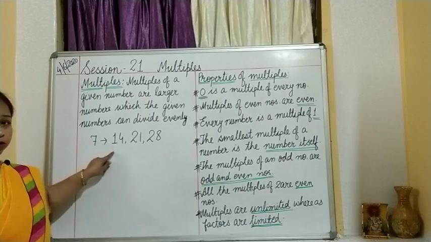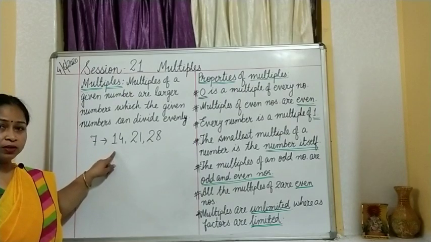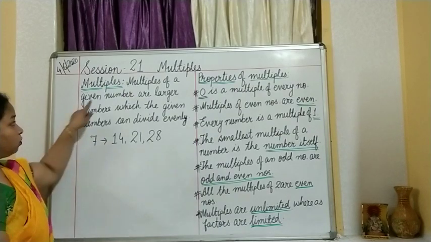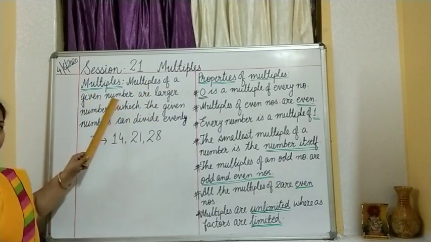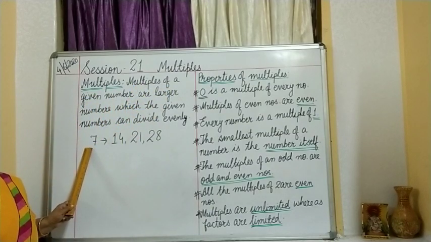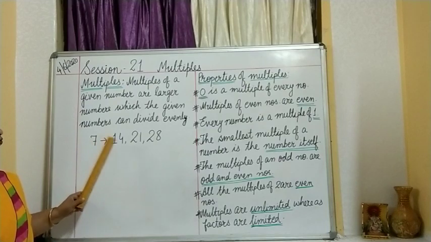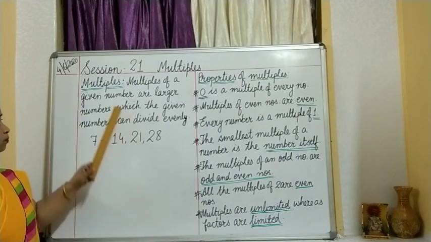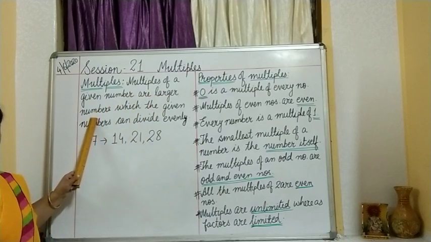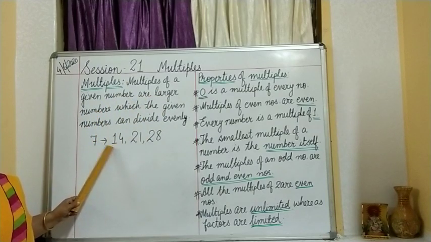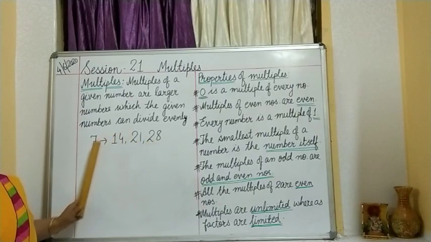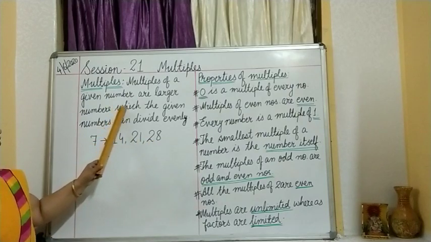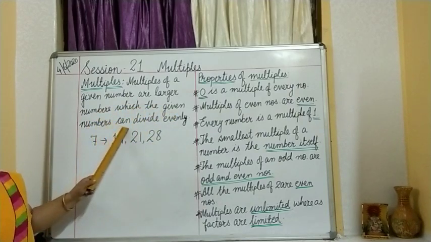Now tell me, is 14 divisible by 7? Of course. So here it says multiples of a given number. What is the given number here? 7. What are the multiples of 7 here? 14, 21, 28. Are larger numbers. 14 is larger than 7, 21 is also larger than 7, 28 is also larger than 7, which the given number can divide evenly.